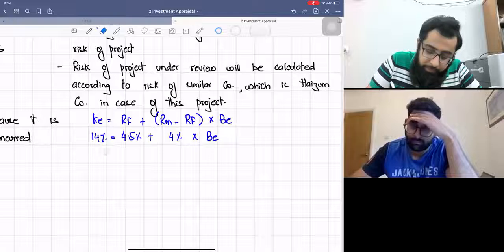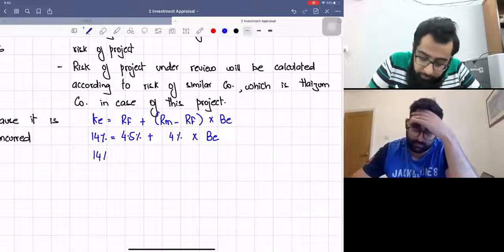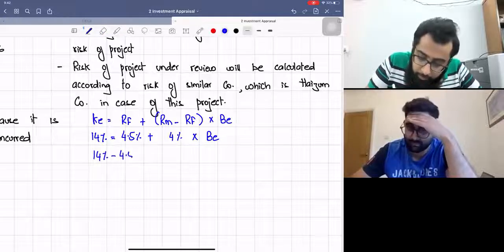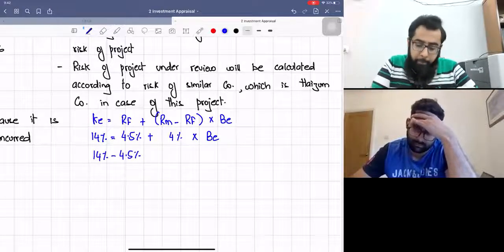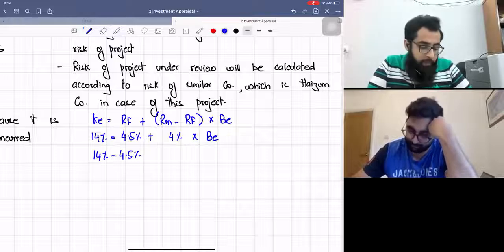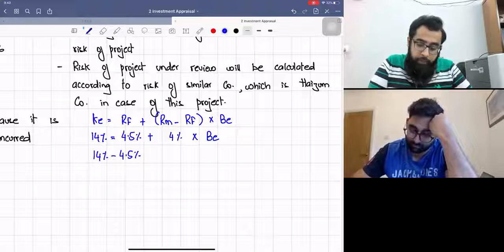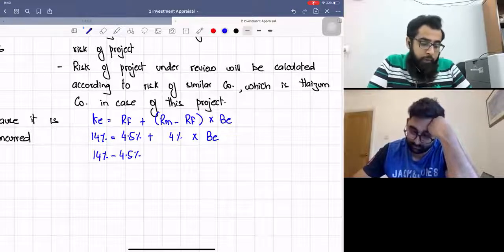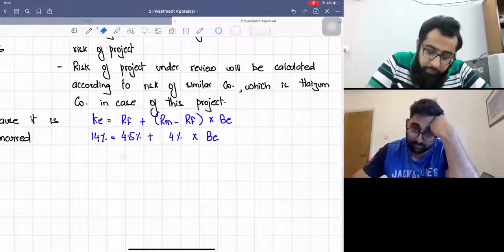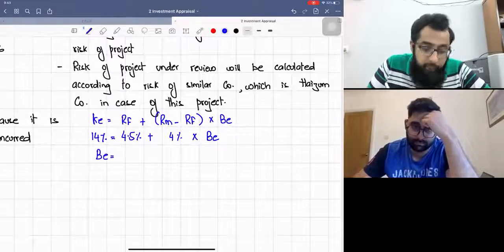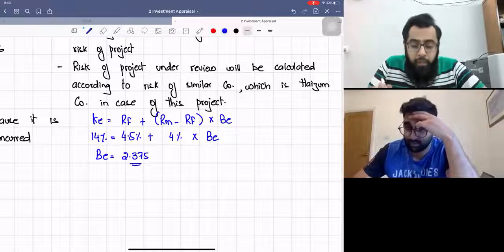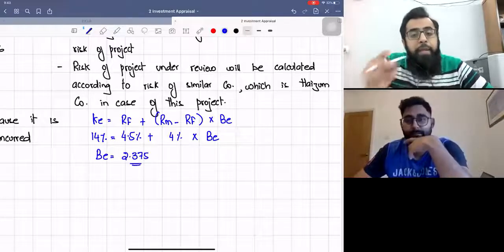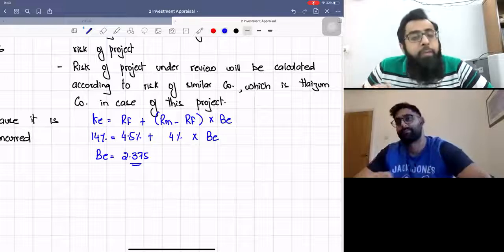Let's solve it step by step. 14% minus 4.5%, divided by 4%, that is divided by 0.04. So it's 2.375, sorry. Basically, I forgot to use the percentage. 2.375 is the beta equity: 14% minus 4.5% and then divided by 4%.